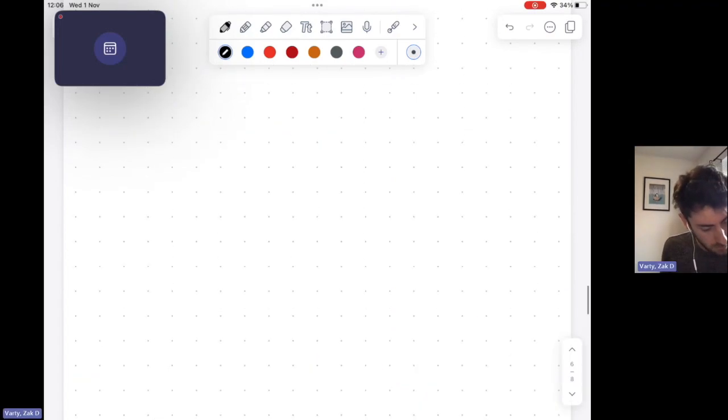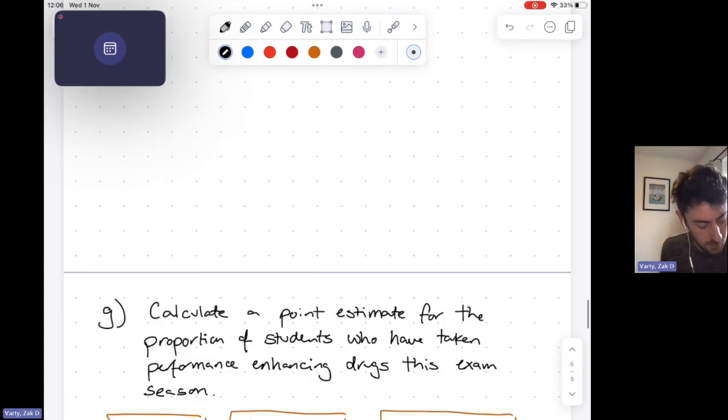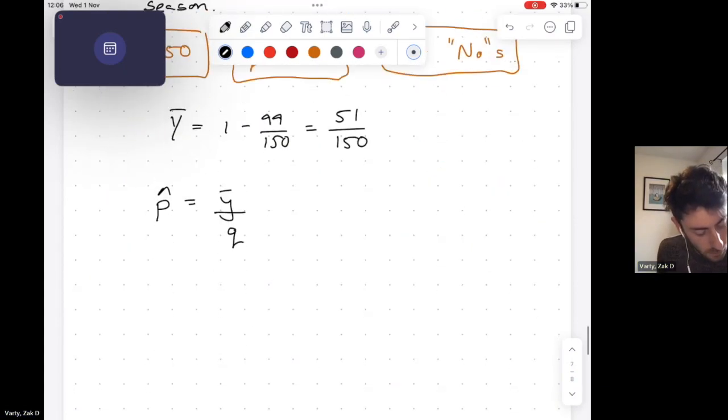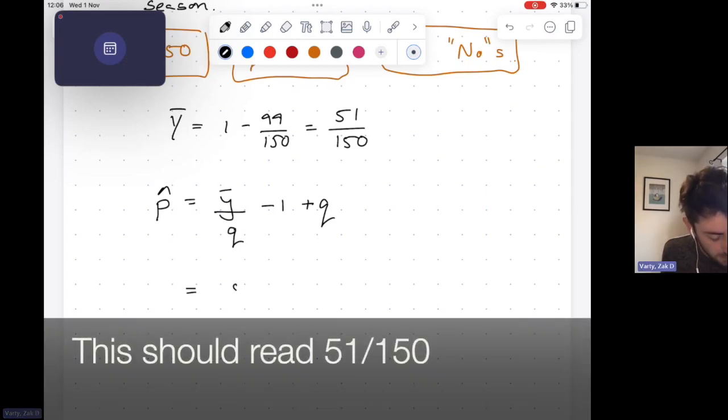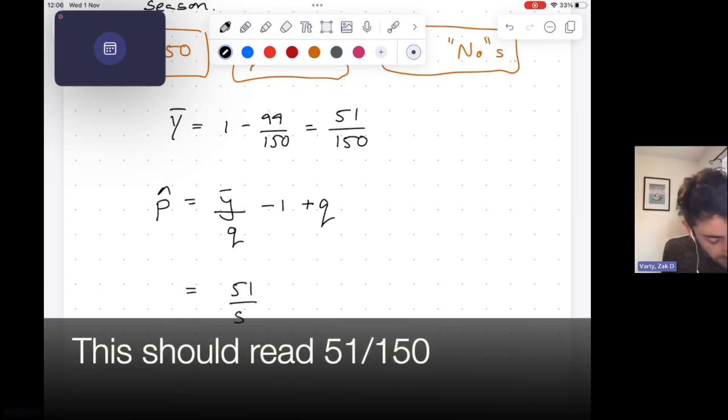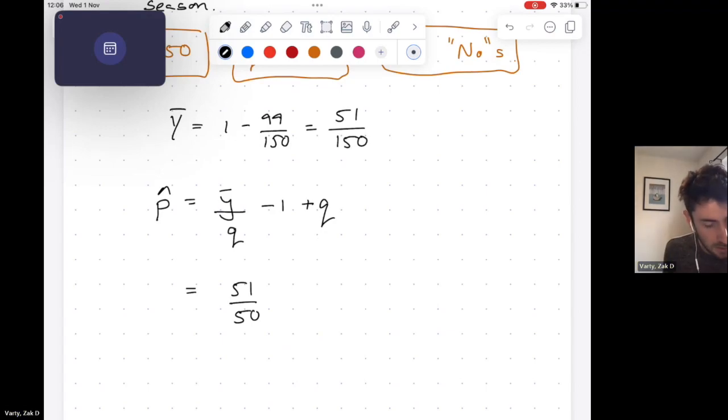So substituting in our values there, we get this as 51 over 150, that's our y bar, times 10 over 4, so equivalent to dividing by 4/10.